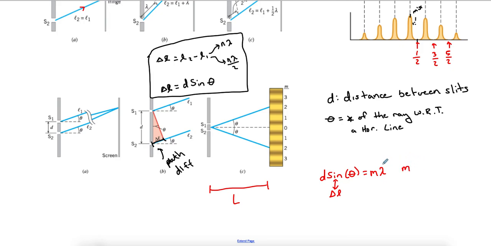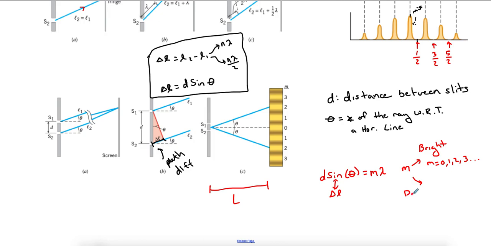M is our n and our n over 2. So you have really two choices. I've seen it written a bunch of different ways. If it's a bright spot, then m is just equal to 0, 1, 2, 3, and so on.